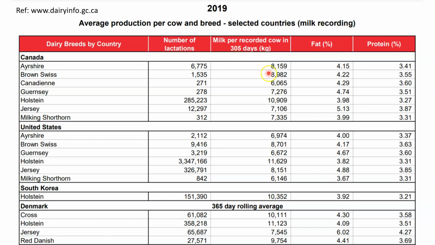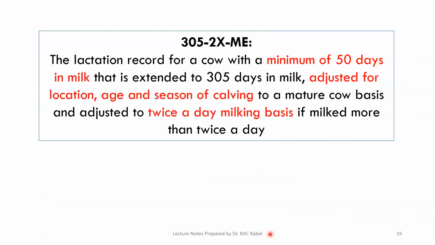Now, do you think all of these animals lactated exactly 305 days and were dried off on the 305th or 306th day? No, that is not practically possible. So what they do is they use something called a 305-2X-ME, right?